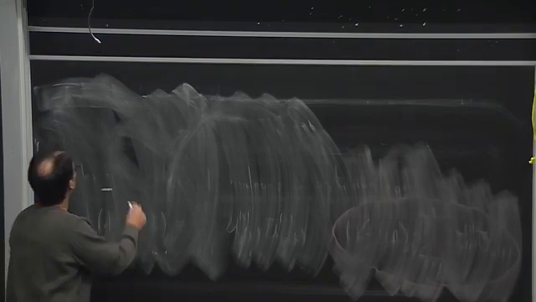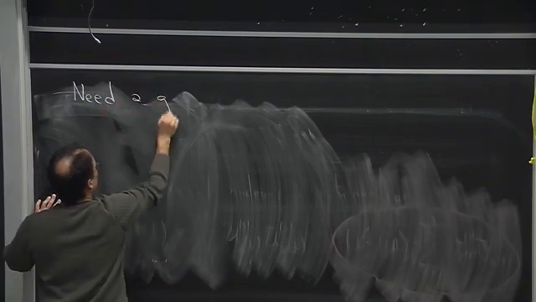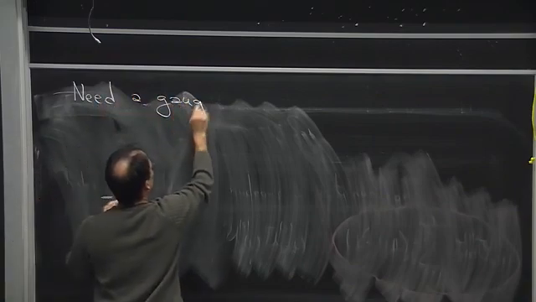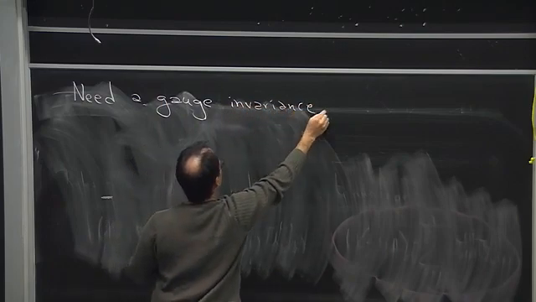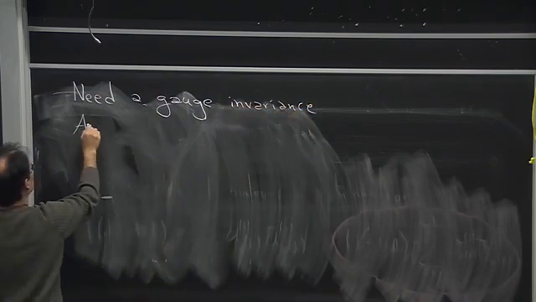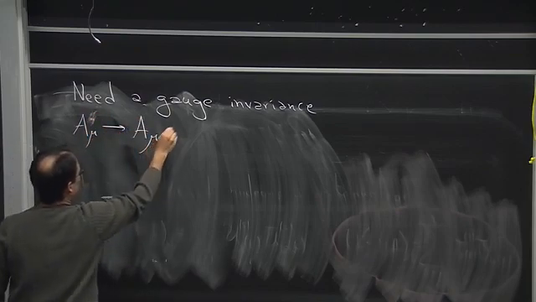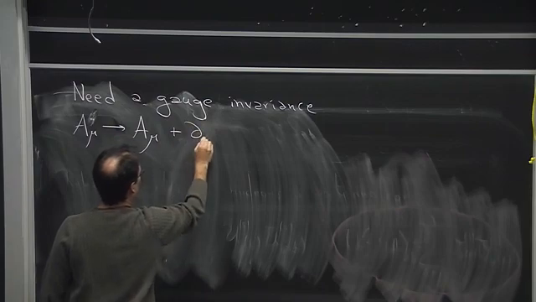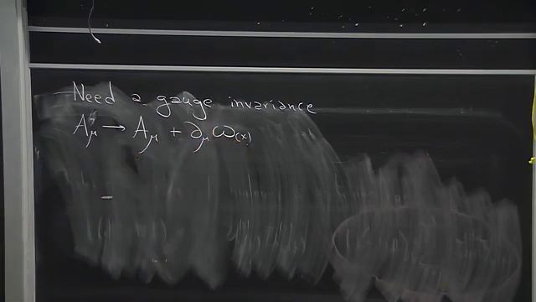So we need a gauge redundancy or gauge invariance of the form, the standard form. This is a standard form that we have.